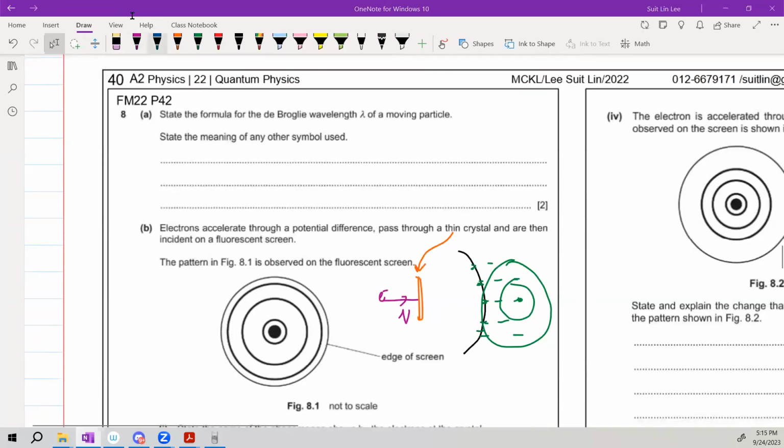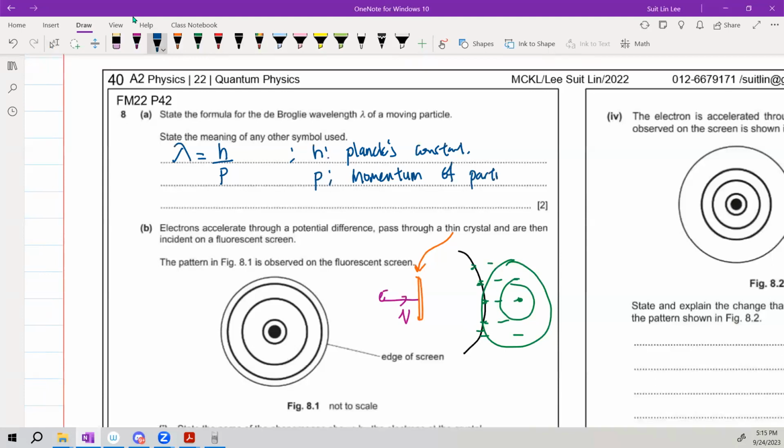I think I want to get the easy marks in part A first. Formula for de Broglie wavelength: lambda equals h over p, where h is Planck's constant and p is the momentum of the moving particle. It's only in modern physics where they will ask you easy questions like this. So take it.